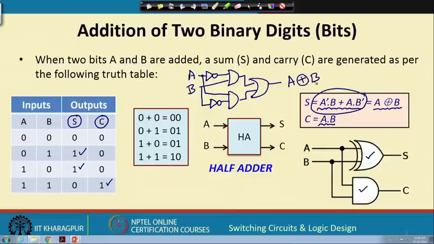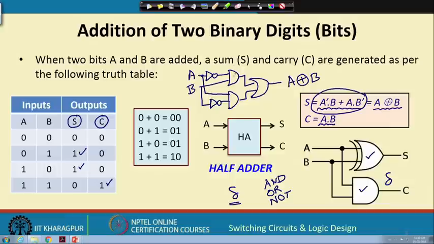Now, let us see, if we say that delta is the delay of a basic gate, we shall also talk about this later. Basic gate means AND, OR and NOT. These are regarded as the basic gates. Then for generating carry, the delay is only delta, there is a single AND gate. But for sum, if I realize using this, you see firstly there is a NOT, then there is AND, then there is OR.